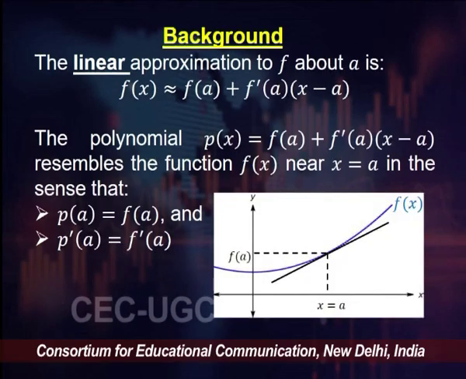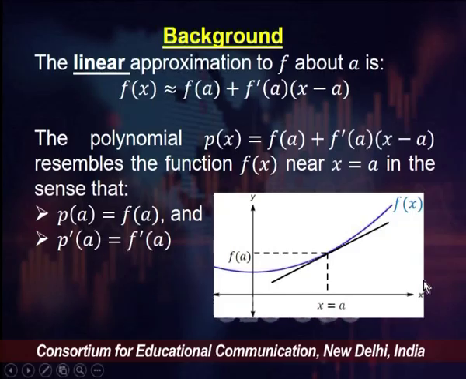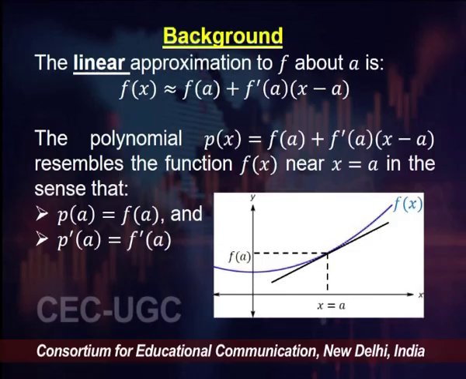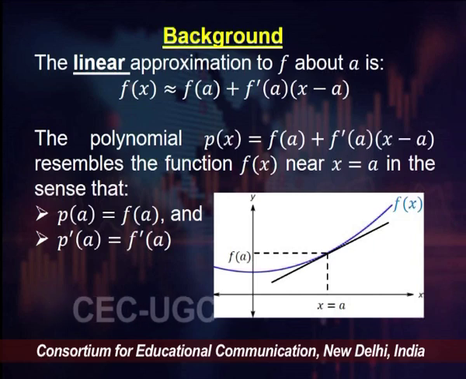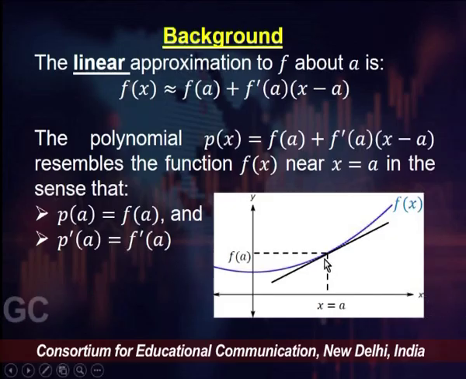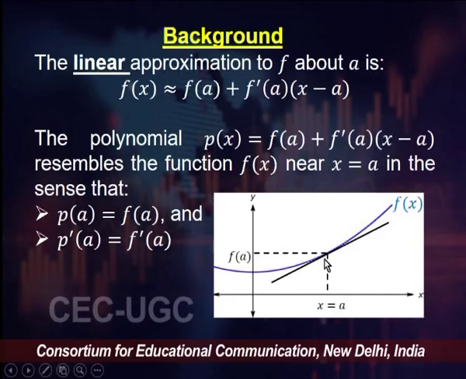Pictorially you can see that both the function and the polynomial approximation, which is this linear approximation, the tangent to the function, coincide not only in terms of their values, but also both have the same slopes. This is to motivate the discussion for higher order approximations, because if we want to talk about higher order approximations, we would want the polynomial to mimic the function even more closely.